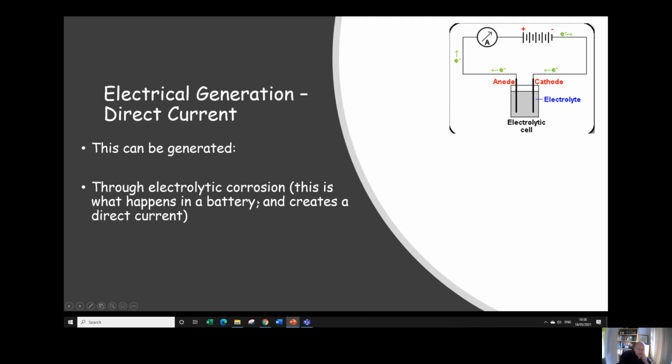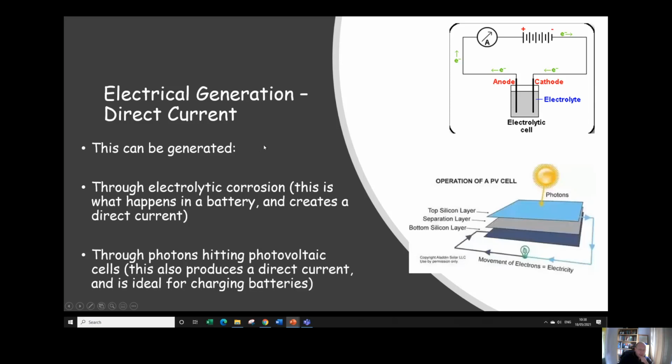That's essentially a form of corrosion where one metal, a more cathodic metal, breaks down a more anodic metal in the presence of an electrolyte, and the electrons will flow from the negative side towards the positive side, so from the anode towards the cathode.